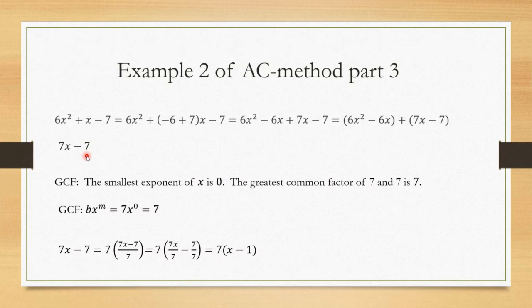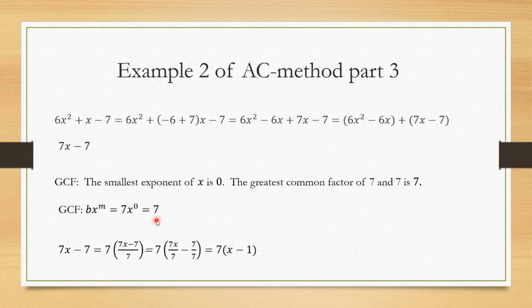So the greatest common factor of the coefficient and the constant term is 7. So b is 7, and the GCF is 7 times x to the 0, which is 7. So that's what we get.